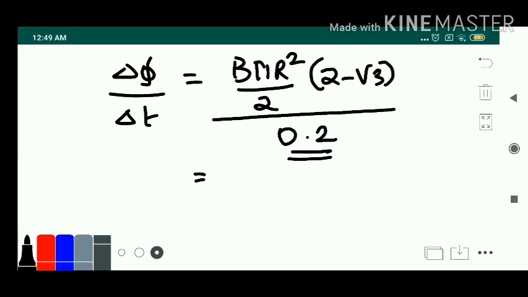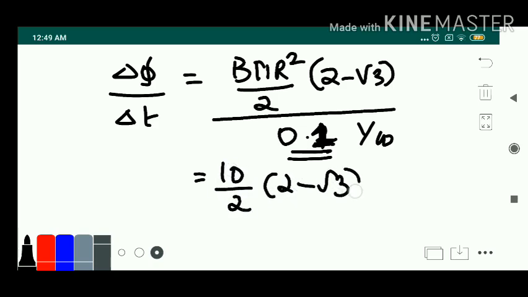Oh, I'm sorry, it is 0.1 second, I forgot the question said 0.1 second. So it will be 1 by 10 in place of 2 by 10. You can write it as 1 by 10, and the 10 goes up, so it will be 10 by 2 into 2 minus root 3 B pi r squared.